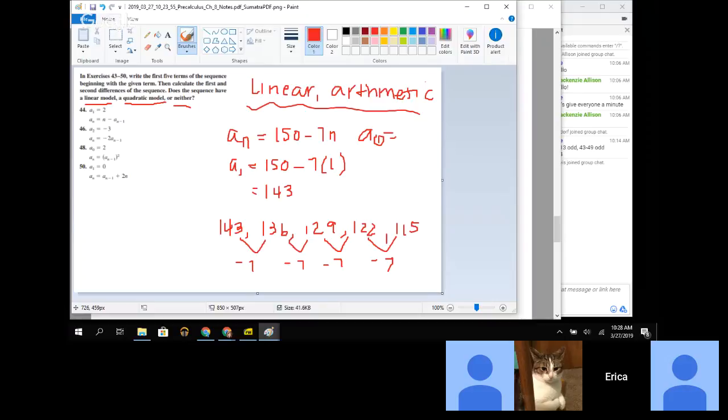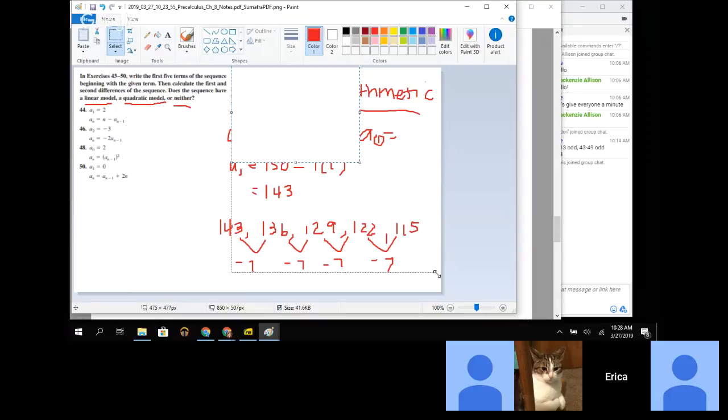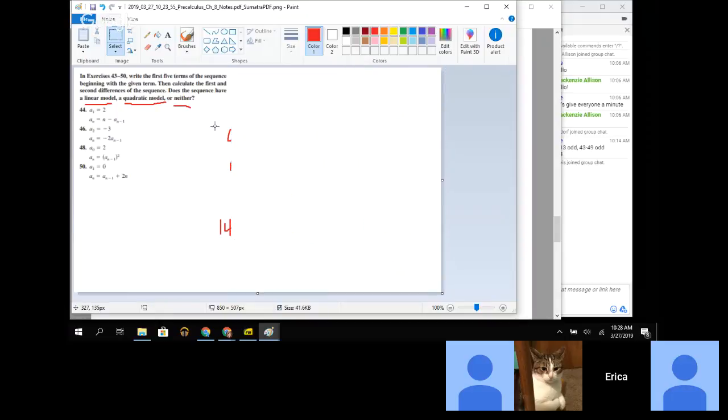What we haven't talked about is, look at example 50. Let's get that out here. Example 50. Okay, so it says, write the first 5 terms of the sequence beginning with the given term, then calculate the first and second differences of the sequence.